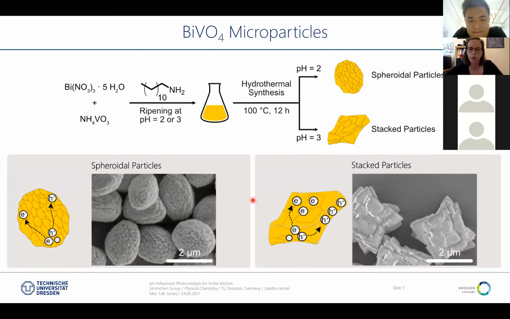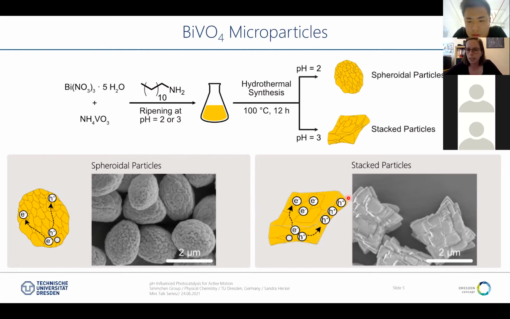Now you probably wonder if we still have this fancy surface heterojunction here and electron-hole separation. On the spheroidal particles, at this point we assume the crystal is not very oriented there, so electrons and holes should be distributed randomly under excitation.